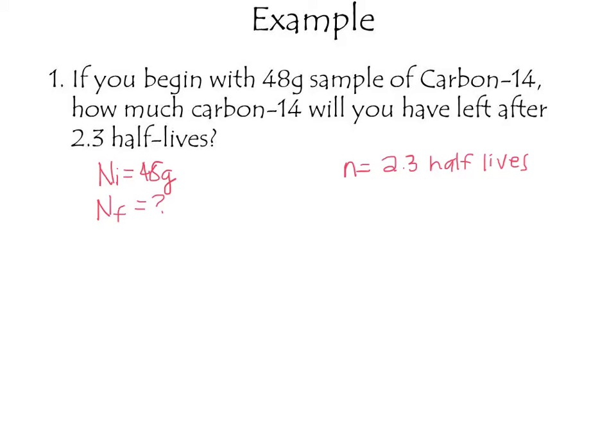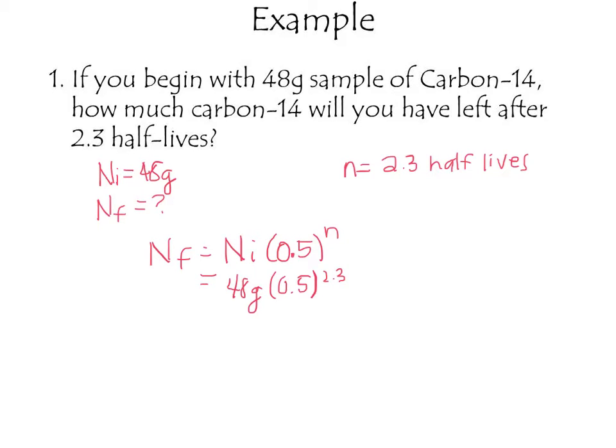If we look at what's given to us, we know what equation we can use: the final mass equals the initial mass times half to the nth power. We are looking for the final mass, so we don't have to rearrange this equation. We can just plug and chug.